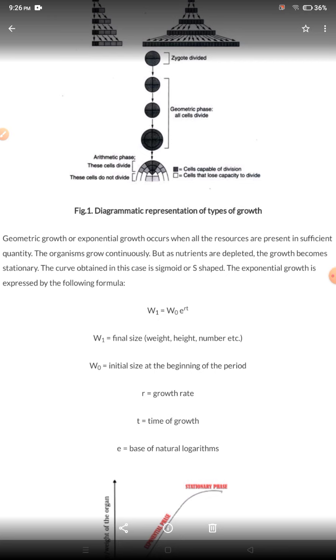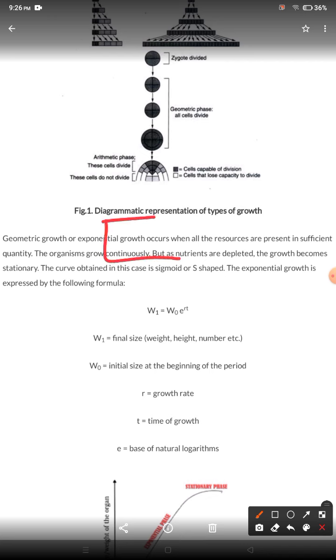If we draw the curve in case of geometric growth, what type of growth pattern do we obtain? Division takes place in a geometric manner.